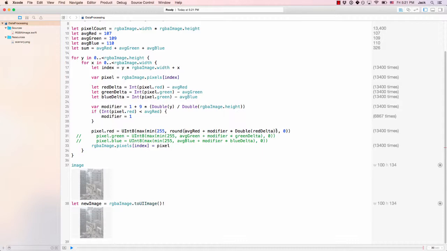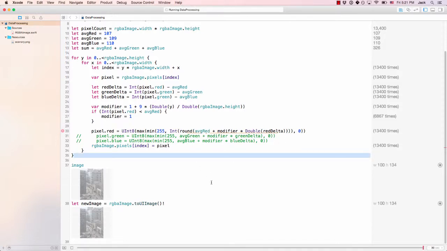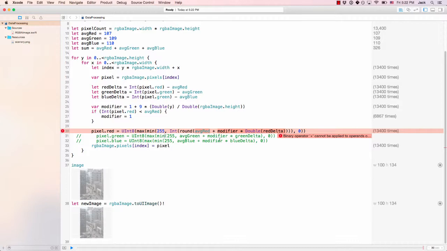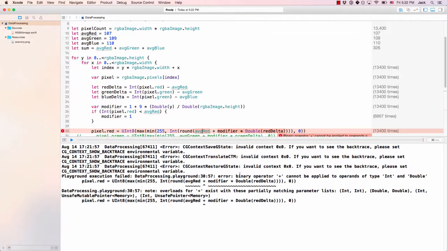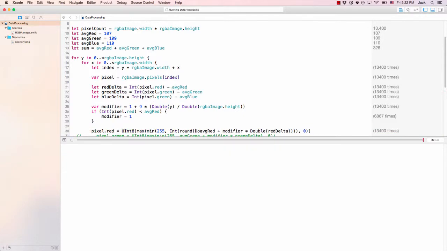But if we round this result and cast it to an integer, that should work out for us. And if Xcode is happy, which it doesn't seem to be, and it's not allowing us to add. Yeah, right, so it's not allowing us to add this integer.